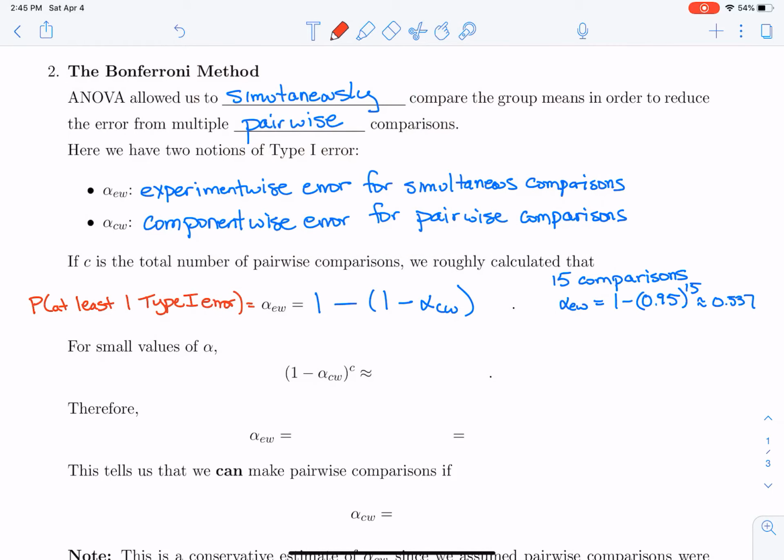So this is the probability of no type 1 error from a pairwise comparison.